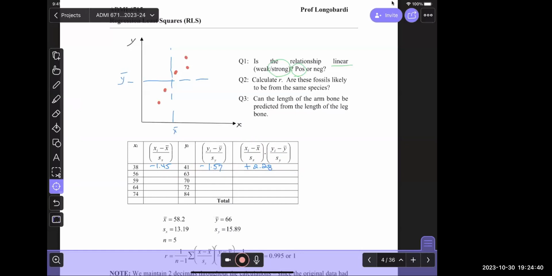So get the next ones. Tell me about the next pair. Negative 0.17. I'll just take 2 decimals.